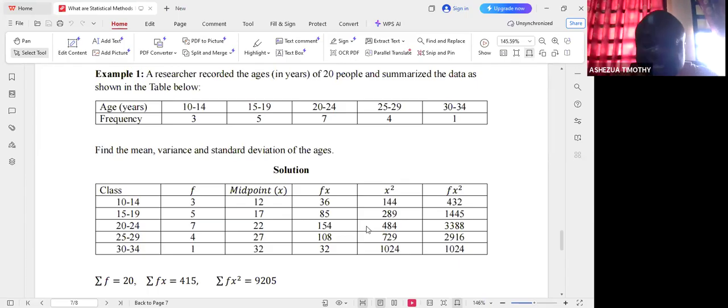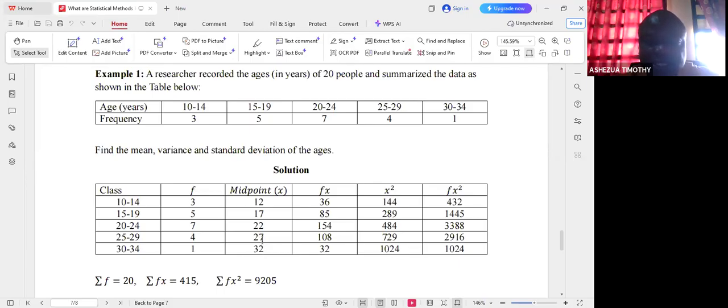Any question? And that is how we did all the arithmetic and came down to 30 to 34. And we got 32, or 30 plus 34 divided by 2, you have 32. F X is simply 1 times 32, which gives you 32.